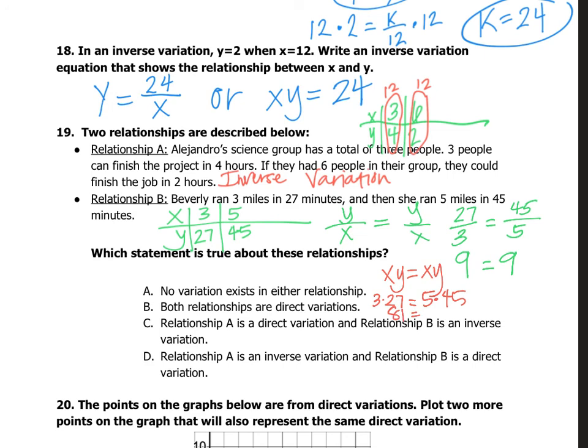When we do 5 times 45, we get 225. These are not equal. Therefore, this is not an inverse variation. This is a direct variation. So I'm going to erase over here, and I'm going to write direct variation. Okay, so our correct answer is D, because it says that A is inverse and B is direct.